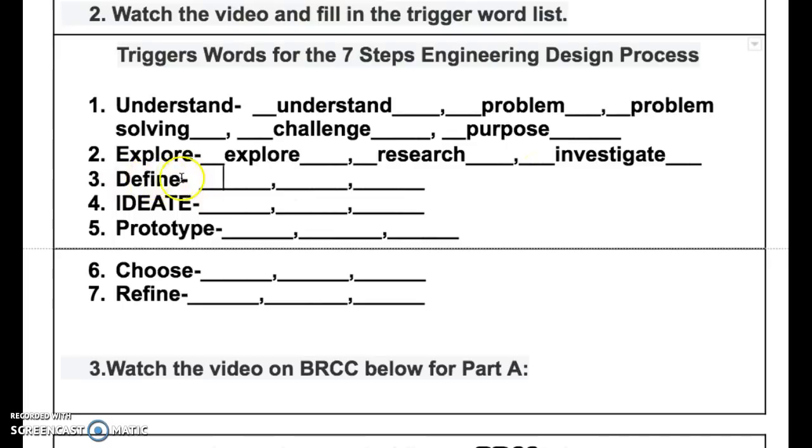Now, define is going to be probably the most difficult. So whenever you're talking about define, you're not talking about defining a word. You're talking about defining the numbers of whatever product, whatever object, whatever thing you're engineering. You're talking about the specifications or the numbers. So specifications.